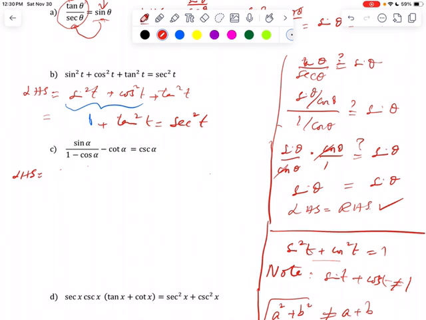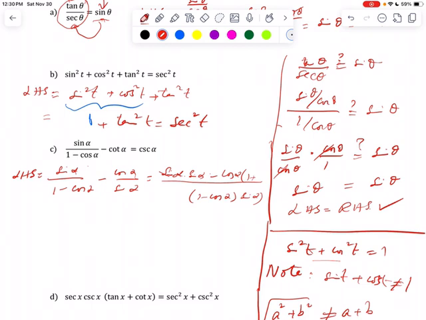So LHS equals sine alpha over 1 minus cosine alpha, and then minus cosine alpha over sine alpha, which is equal to, taking the common denominator, sine alpha into sine alpha minus cosine alpha into 1 minus cosine alpha.